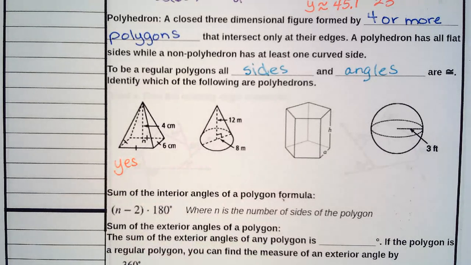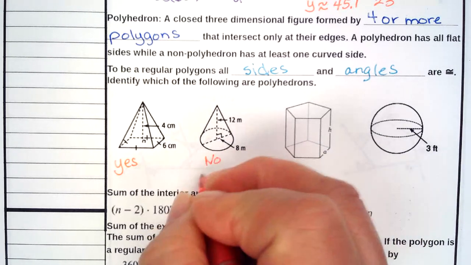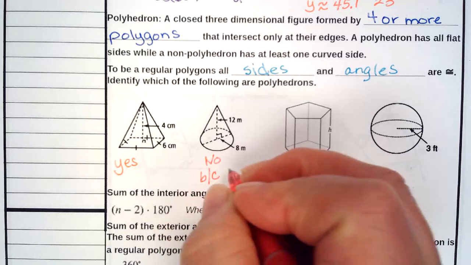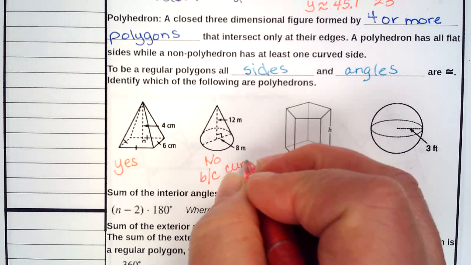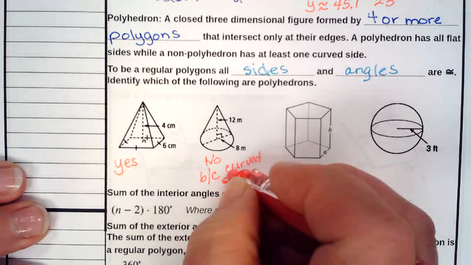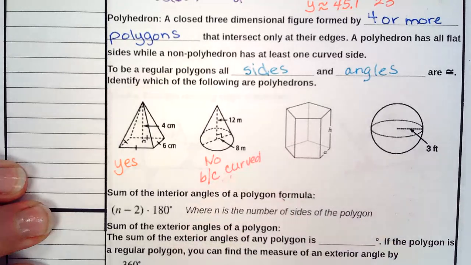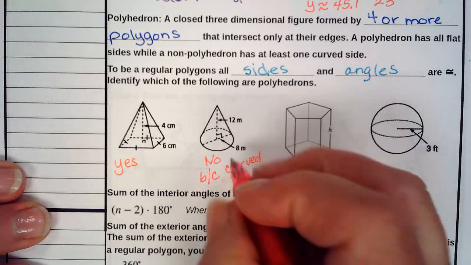What about the next one? This would be no, because it has a curved surface. Think of an ice cream cone, one of those waffle cones. When you flip it upside down and hold on to it, it's all curved.